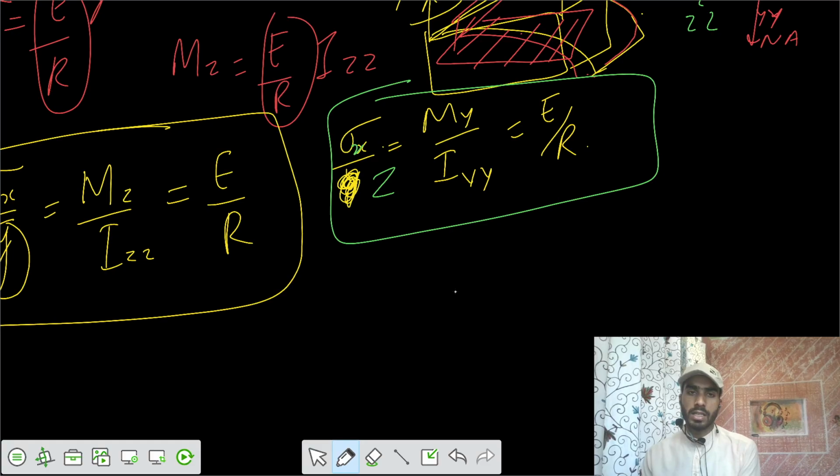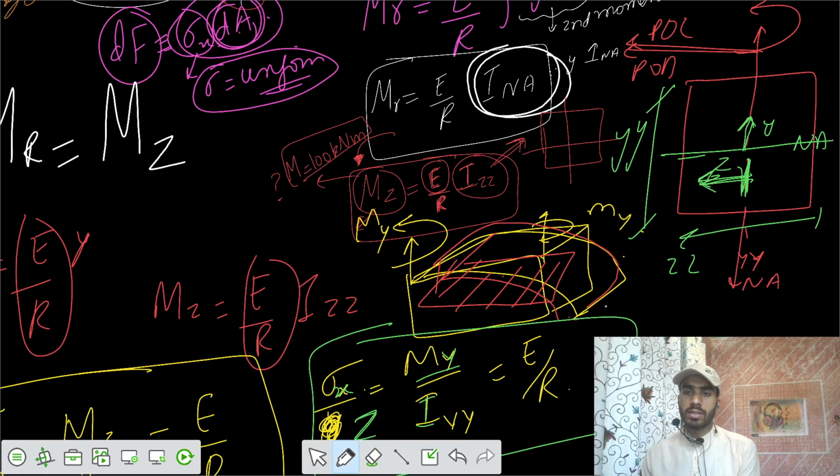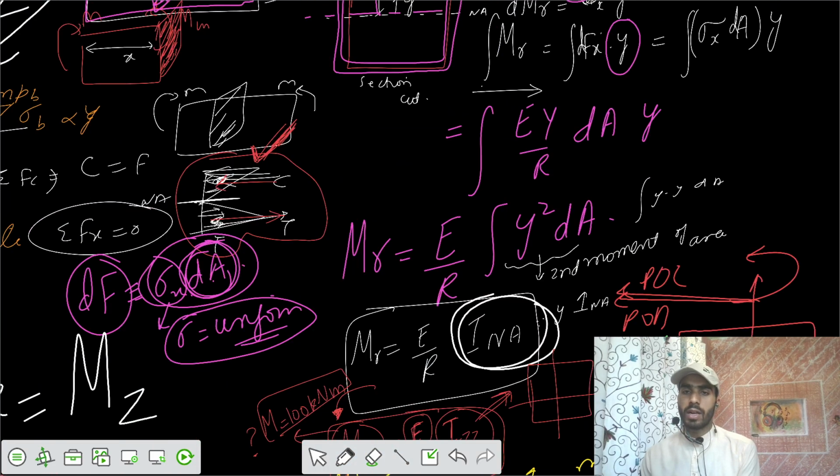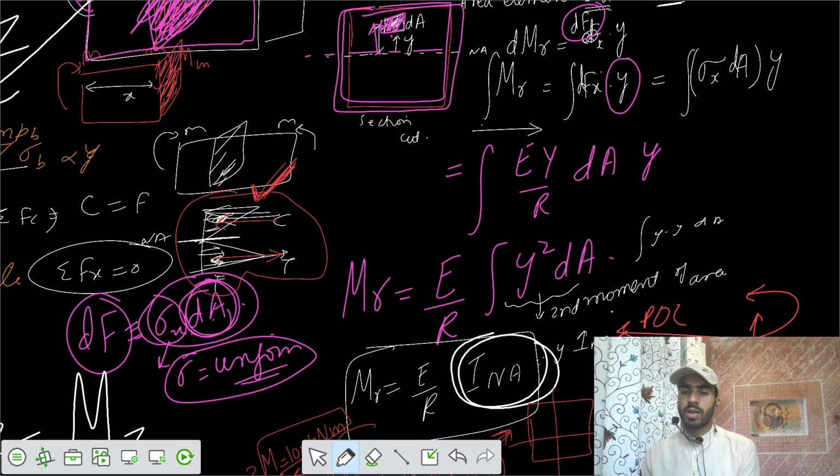So you can write sigma x by z equals MY by Iyy, and the moment of inertia is here. If you derive the equation, the same equation along z for moment MY, you can get integral z square dA equals Iyy.